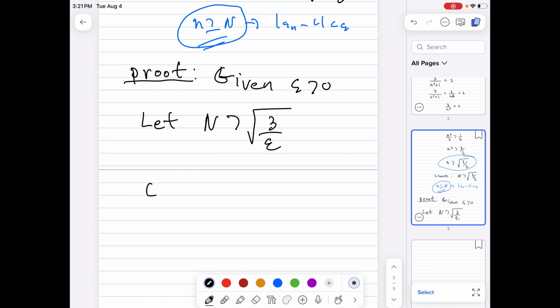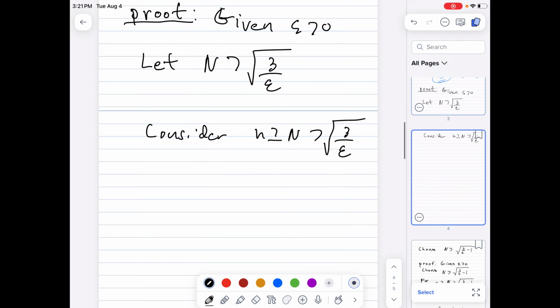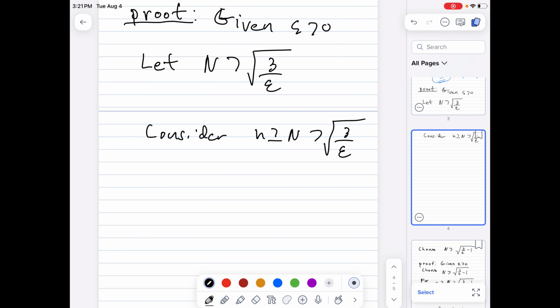And I'm going to do this. Consider any n greater than or equal to N, which is greater than the square root of 3 over epsilon. And we've done like 90% of the work. This part usually is just going to be some algebra. The way this works is I'm going to just work backwards.